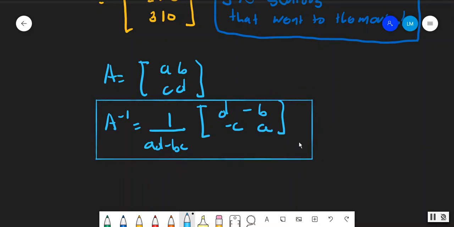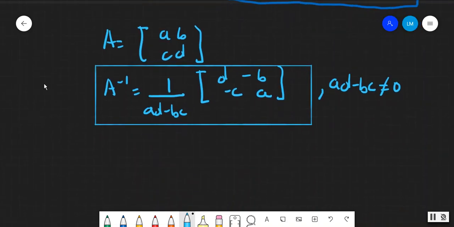Now, this is provided that AD minus BC is not equal to 0. Otherwise, the inverse does not exist.